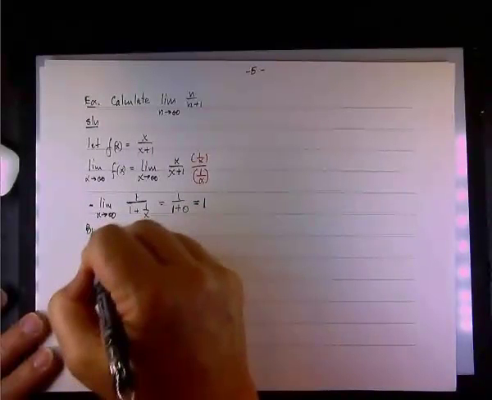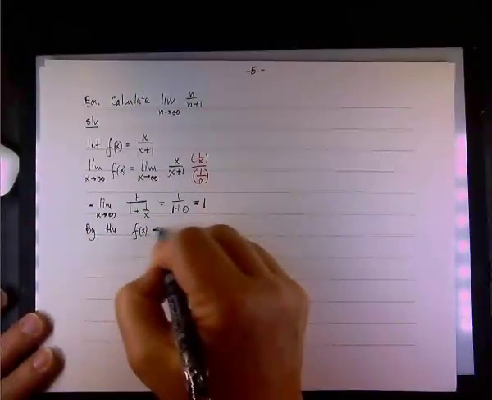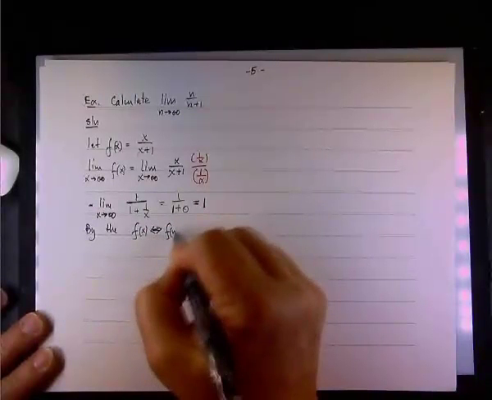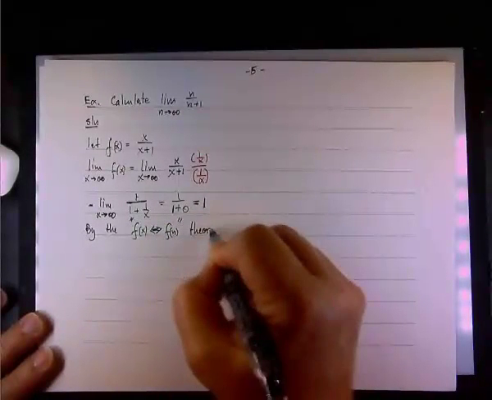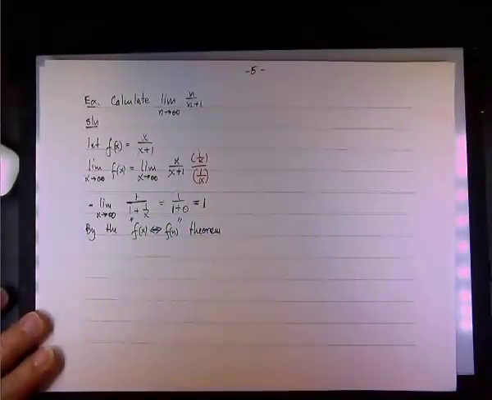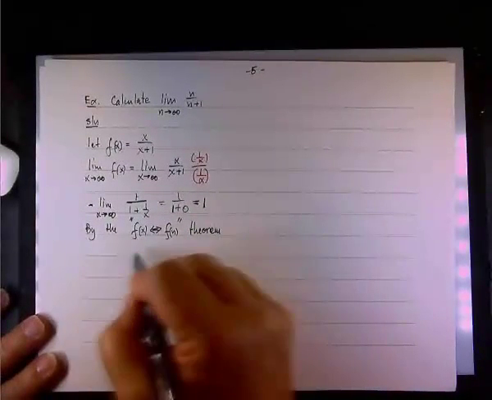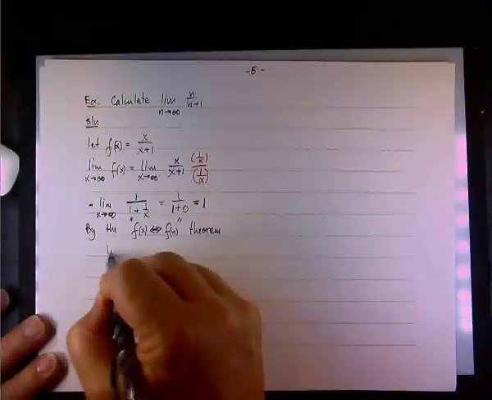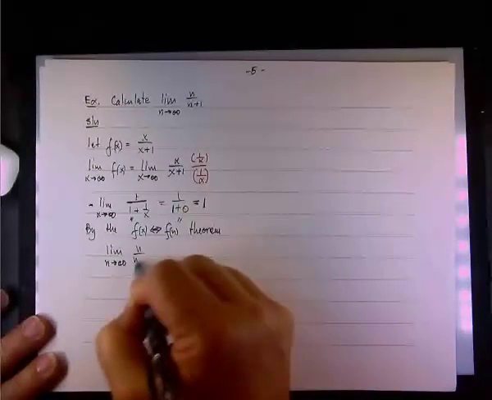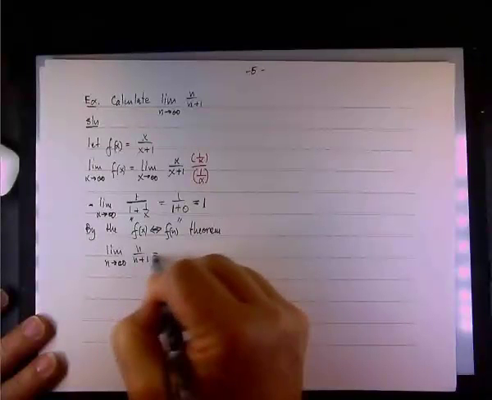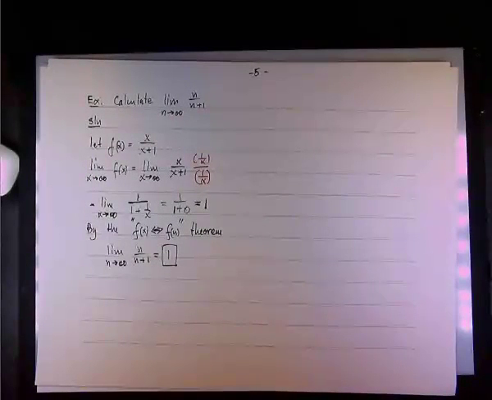Okay? Now, why do we do this? Because by the f of x to f of n theorem, I told you I'm going to need a name for that theorem, we have the limit as n goes to infinity of n over n plus 1 is also 1.